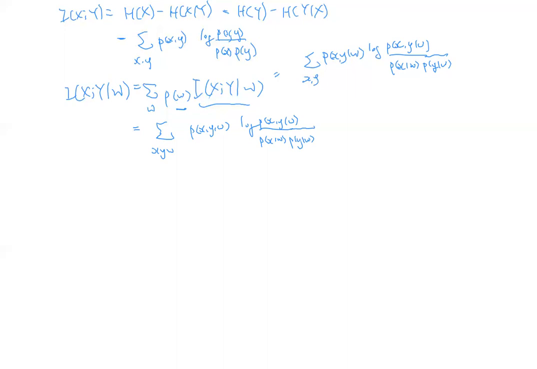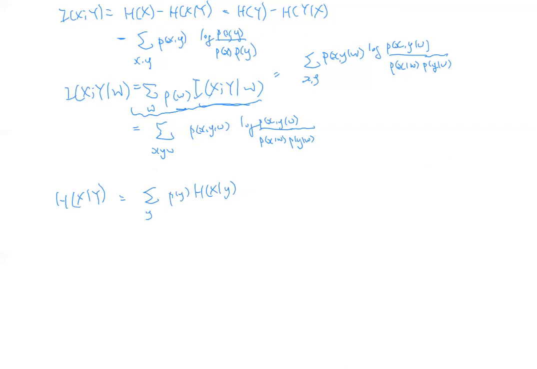Anyway, I guess this part is the most important. The thing given w is similar to our definition of H(X given Y). You can interpret H(X given Y) as a weighted sum of H(X given small y), weighted by p(y).